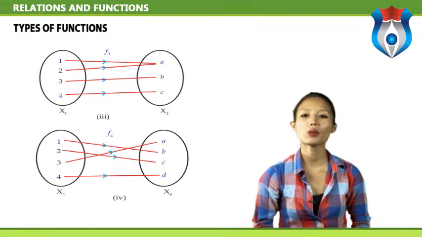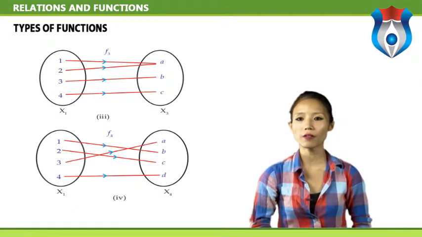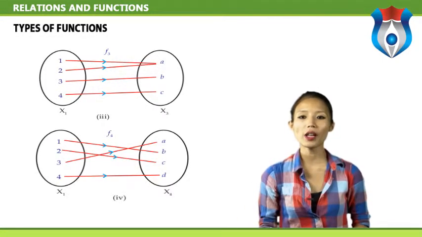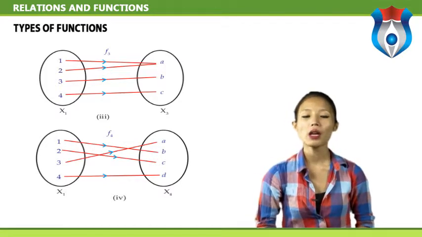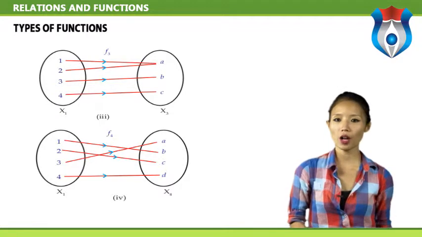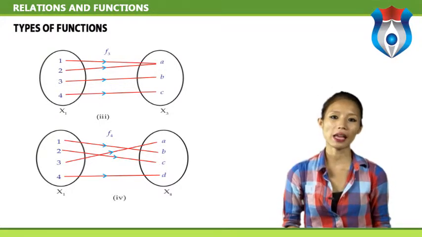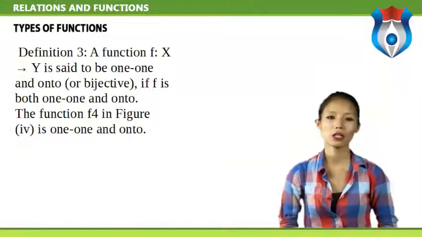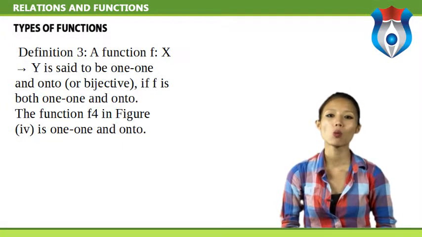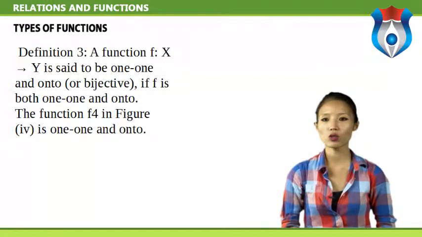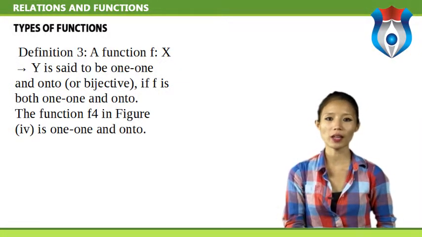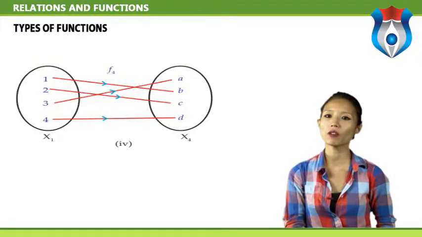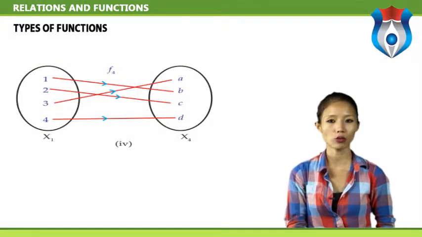The functions f3 and f4 in the third and fourth figures are onto, and the function f1 in the first figure is not onto, as elements e, f in X2 are not the image of any element in X1 under f1. Definition 3. A function f from X to Y is said to be one-one and onto or bijective if f is both one-one and onto. The function f4 in the fourth figure is one-one and onto.